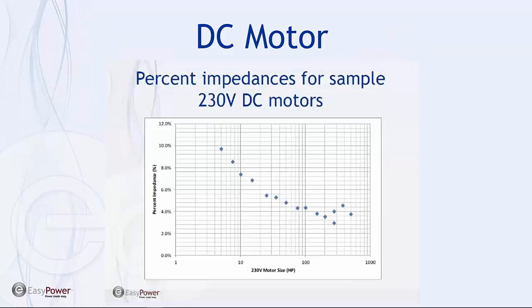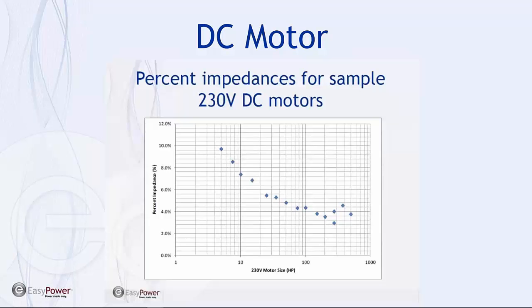First, we plotted collected data from several data sheets from a single manufacturer or manufacturers of several 230 volt DC motors at different horsepowers, and plotted the percent impedance ratio that basically was equivalent to the percent of the armature resistance compared to the overall resistance of the system at the terminal.